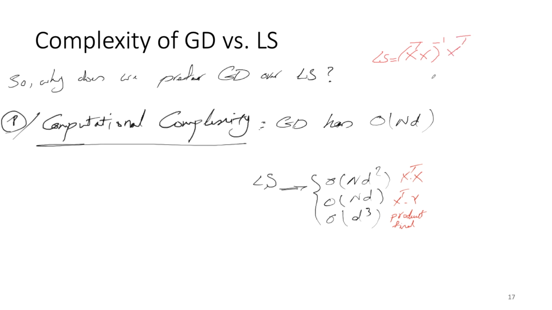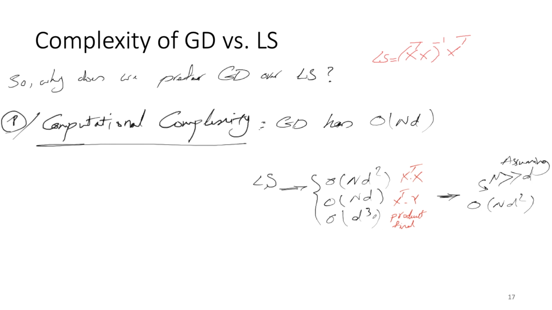This portion gives you an order of nd squared, this portion gives you an order of nd, and also the final product is going to give you a d cubed order.